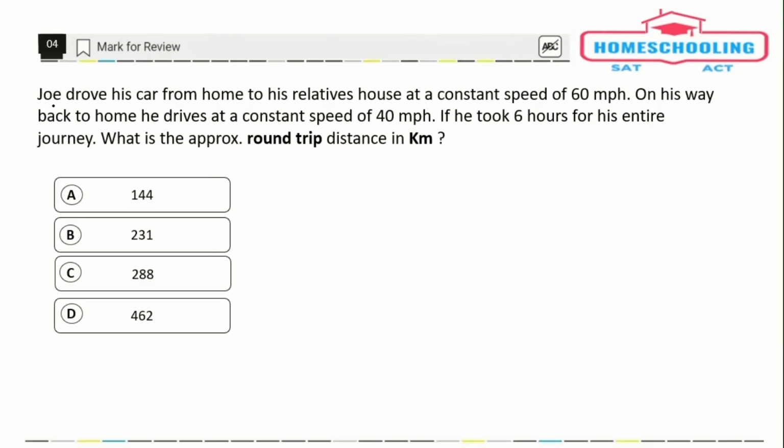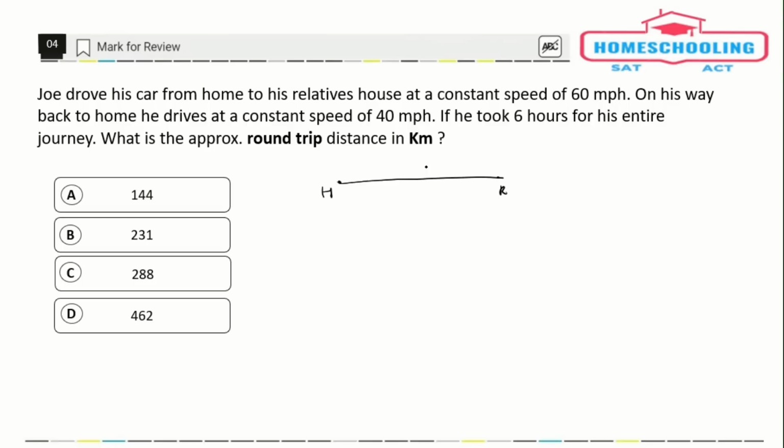This question says that Joe drives his car from home to his relative's house at a speed of 60 miles per hour. Okay, so let's see. This is your home. This is your relative's house.